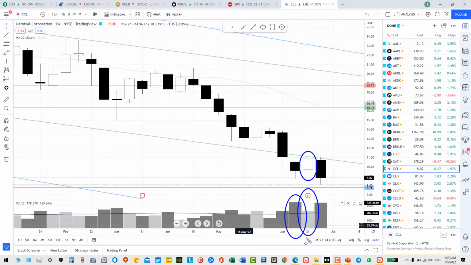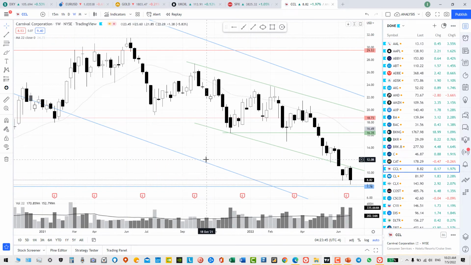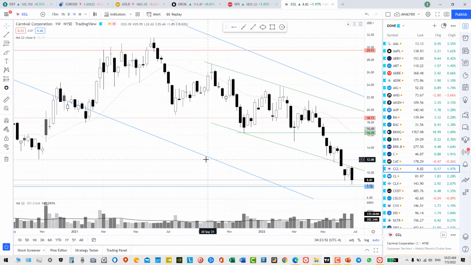On falling weeks, volume was increasing. And of course, we can notice here a price gap to the downside. So this is confirming the bearish pattern of the volume that we noticed from the monthly chart.